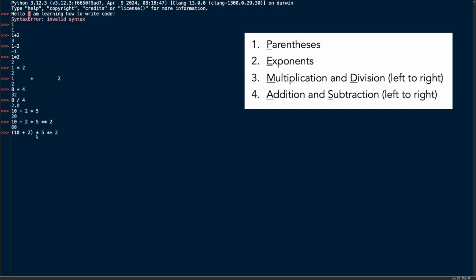So now what Python's going to do is 10 plus 2 is 12, and then it's going to evaluate the other side of the multiplication symbol, which is 5 to the second power, which is 25. And then we get back 12 times 25, and we get back 300.